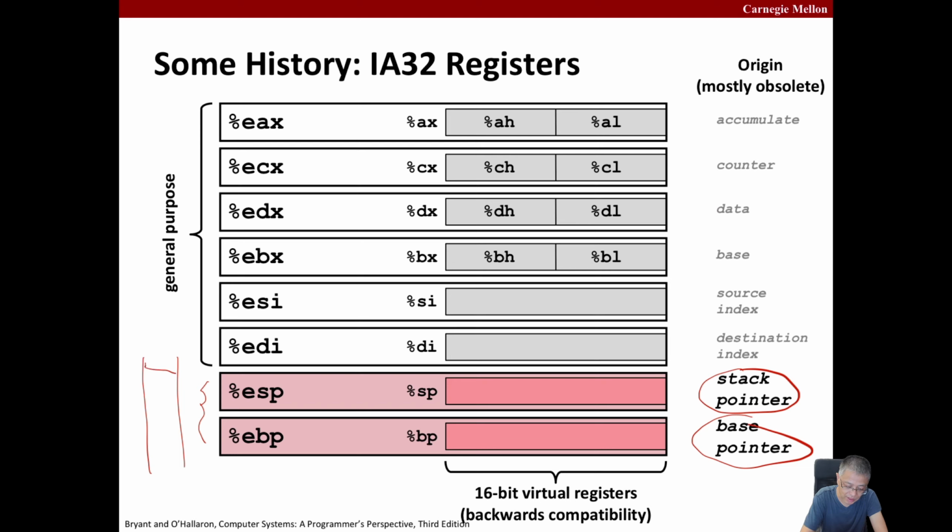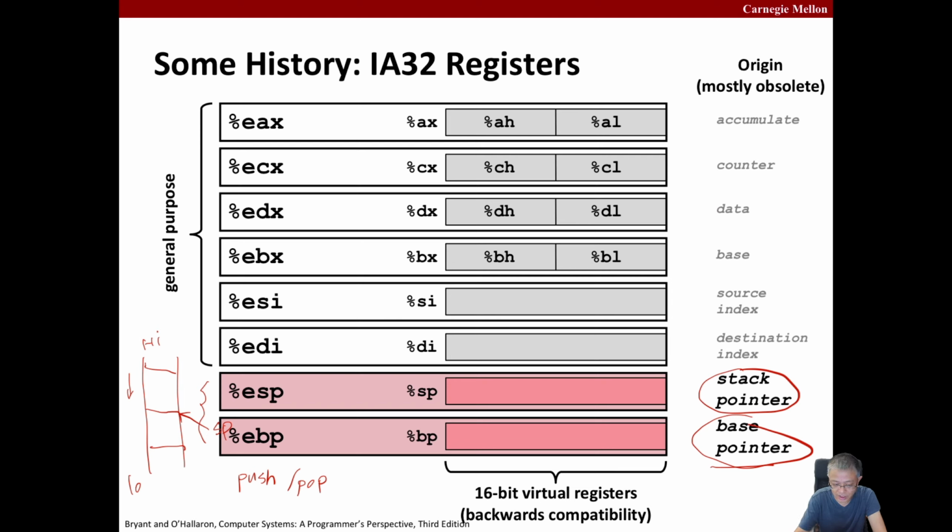So in the x86, this is the high memory. This is the lower memory address. So the stack goes down. So the stack pointer points to the top of the stack, okay, where data is being pushed or popped. Then we have the base pointer. Base pointer points to the frame of a function. We're going to talk about this later, right?